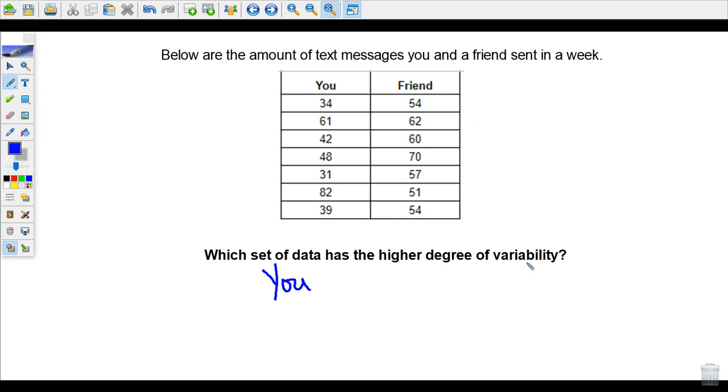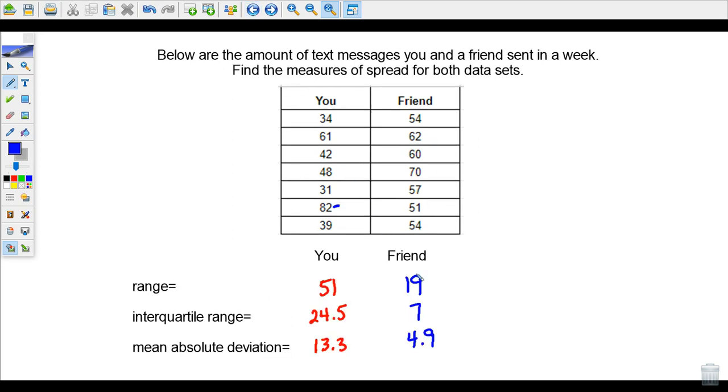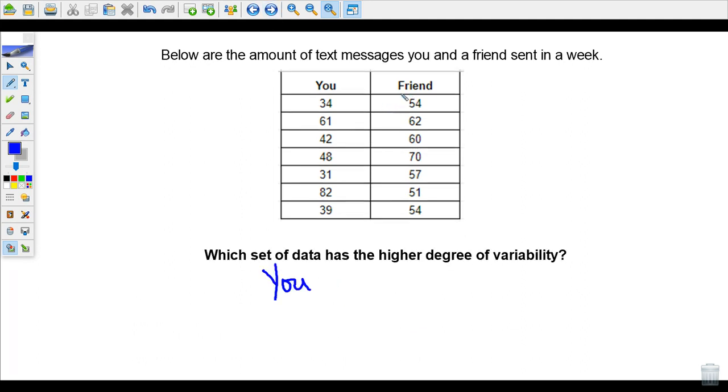And I hope that you remember, if the data is inconsistent, if there is a high degree of variability like this one would be, we would not use the mean as the best representation, we would use the median. For your friend's text messages, just to review again, all of these were consistent. IQR was fairly low, mean absolute deviation fairly low. So the mean would be a nice representation of this set of data.